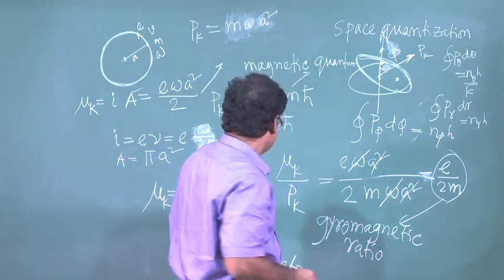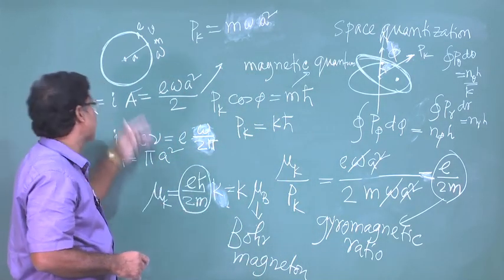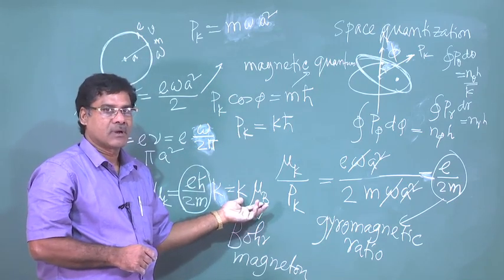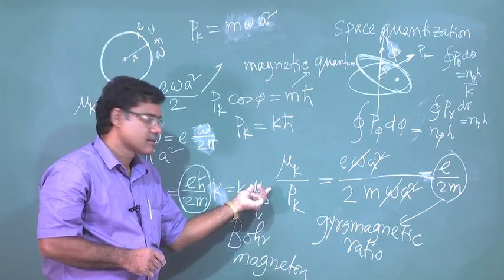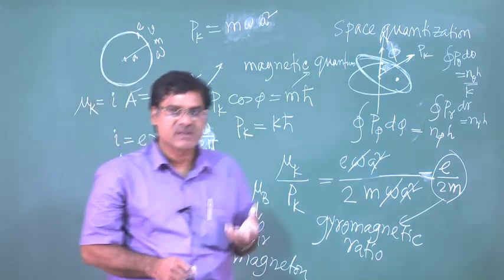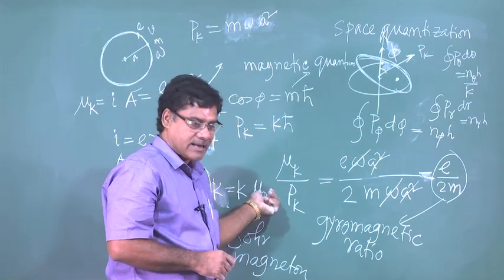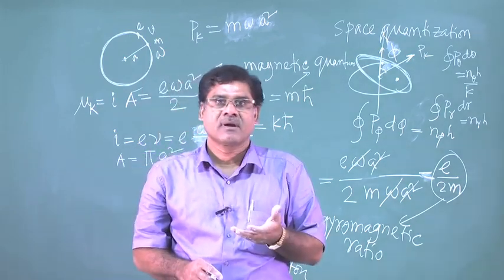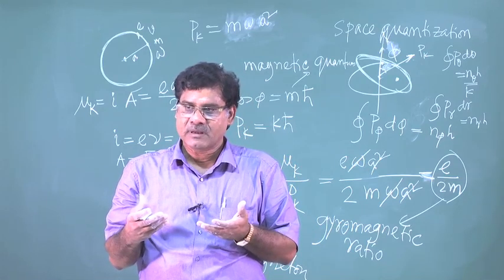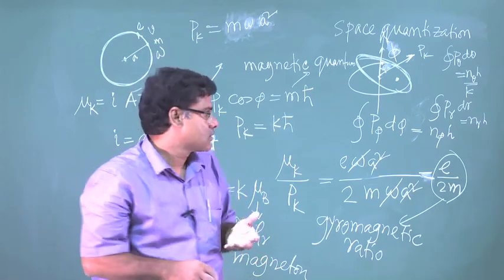It is called the Bohr magneton, and it is very interesting to see that this magnetic moment is quantized, in terms of a smallest unit, mu B. It is like the smallest unit of charge, this electronic charge e.